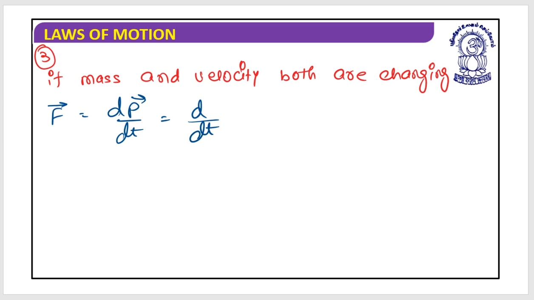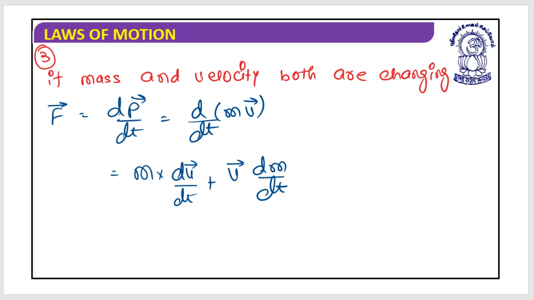That could be written as d by dt of m into v. As both are changing, we can write it as m into dv by dt plus v into dm by dt. This can be written as m into a plus v into dm by dt. So even this could be the case.